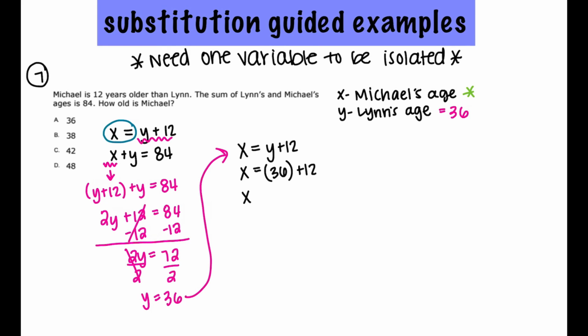Well, now I know that Lynn's age is 36. So solving for X, I'm going to add 36 plus 12, which is 48. So our solution is that Lynn is 36 and Michael is 48.